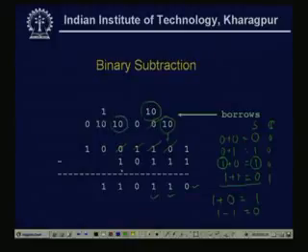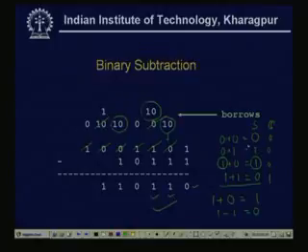So, this is 1, again it is borrowed. So, this becomes 1 0. Similarly, this is 1 and again this becomes 1. So, this becomes 0. So, 0 minus 0 is 0. So, this is my result. So, this is the binary subtraction.